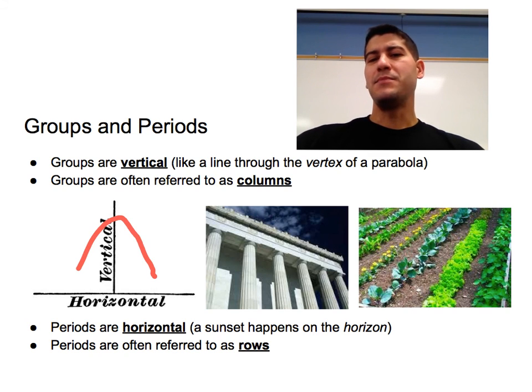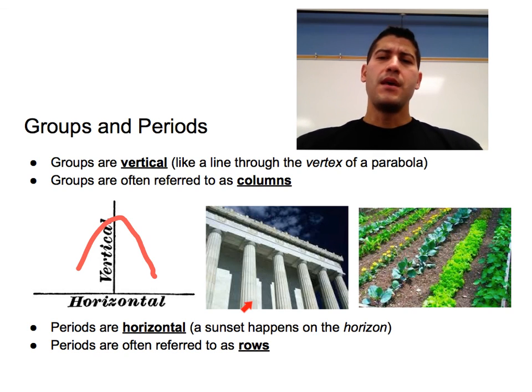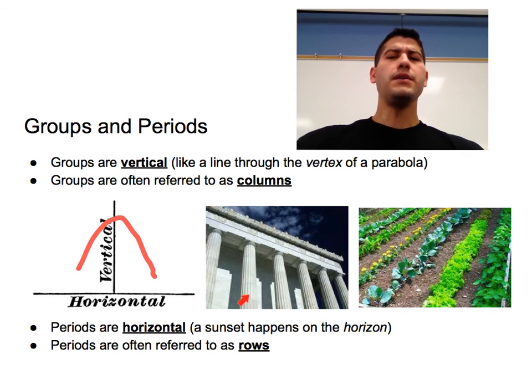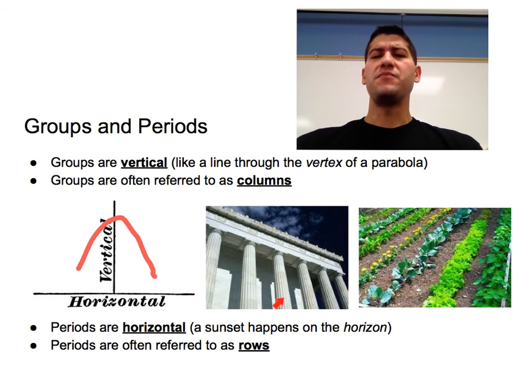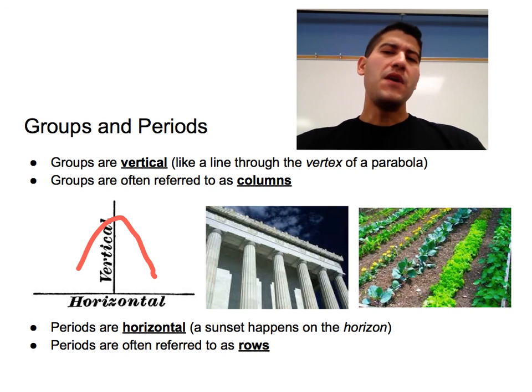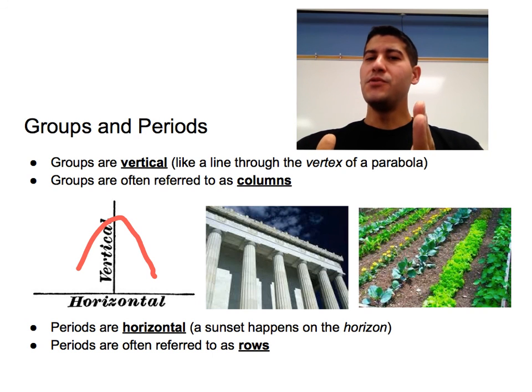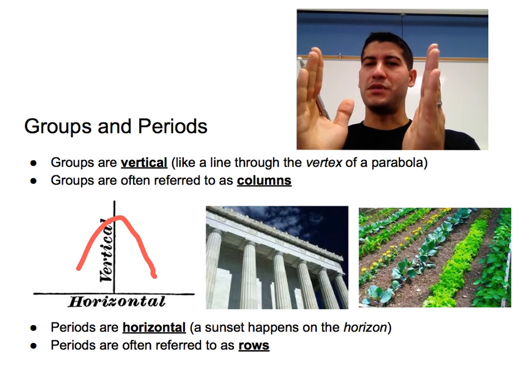A column is simply something that goes up and down. Think of columns or pillars that hold up the roofs of buildings like the White House or these old Greek pieces of architecture. If you hear the term vertical column, you should be thinking of groups if we're talking about the periodic table.